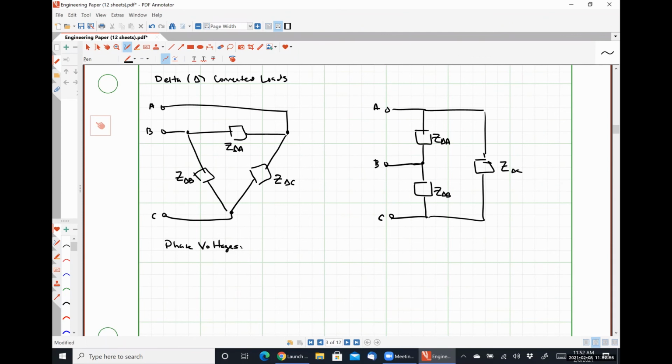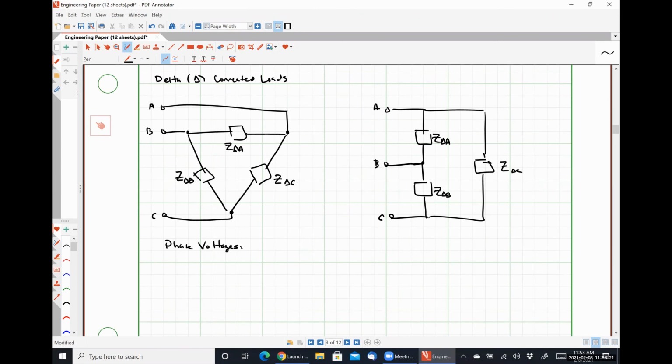Someone other than Mr. Burrell, tell me what our phase voltages are going to be. Mr. Mathern, what's up? So we're using a double subscript notation. Where is the positive polarity terminal and what is the negative polarity terminal of the voltage drop over Z delta A?